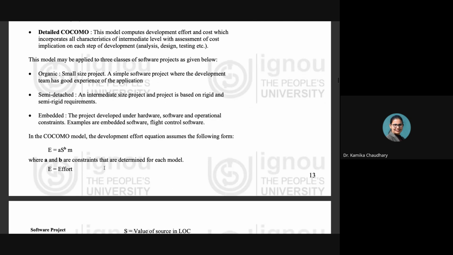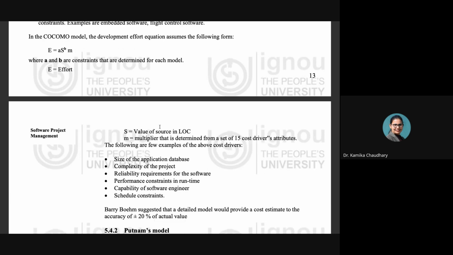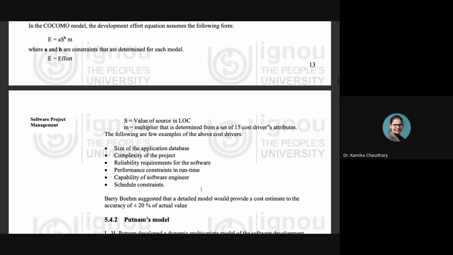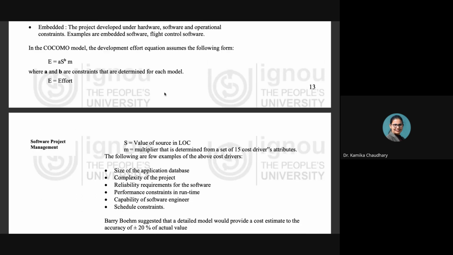You just need to remember the equation, and what E is, what S is, what M is. If in the near future you are in any organization and you require the COCOMO model, then you must know the equation, and you must also know what the symbols in the equation represent.